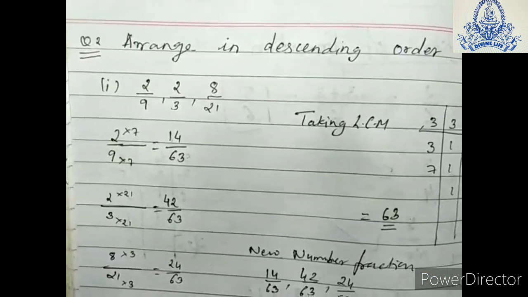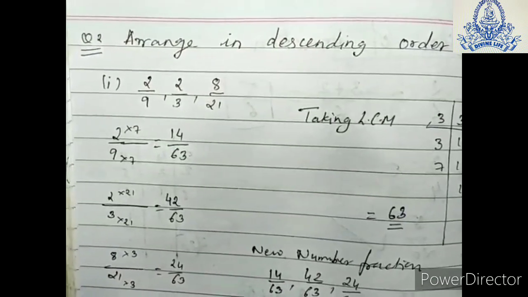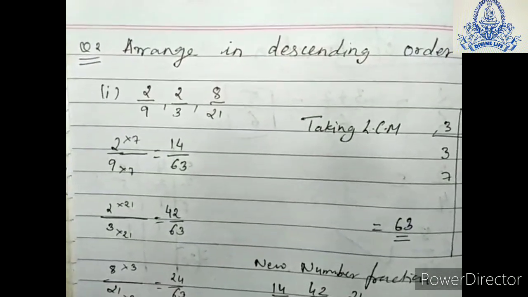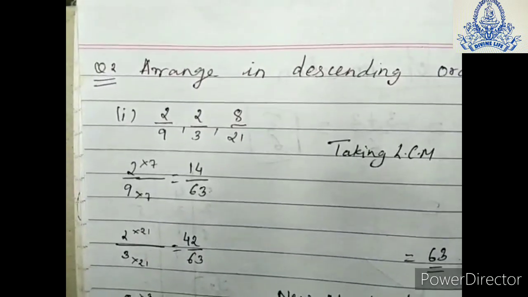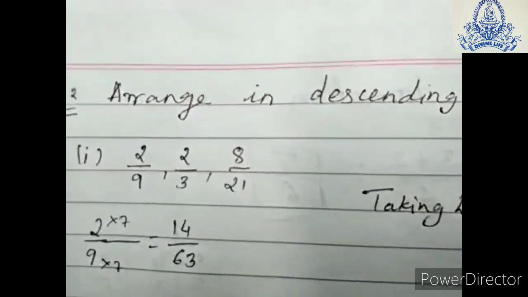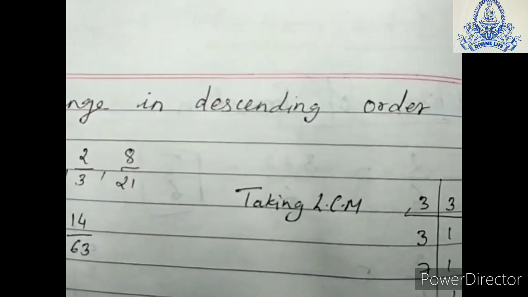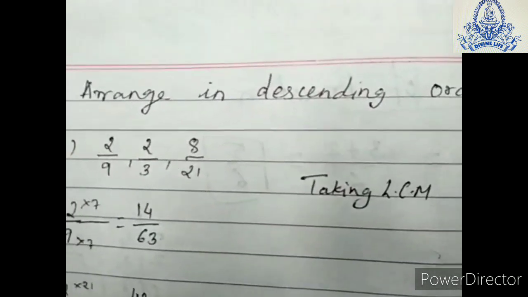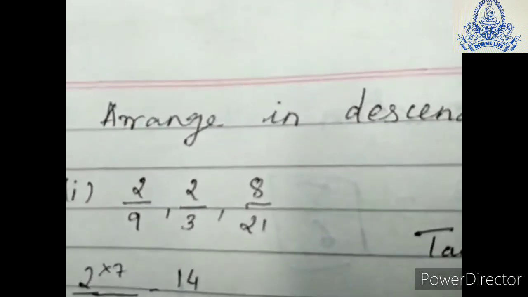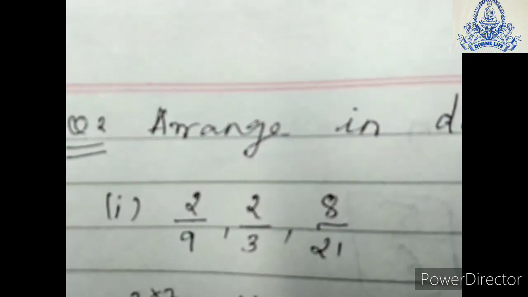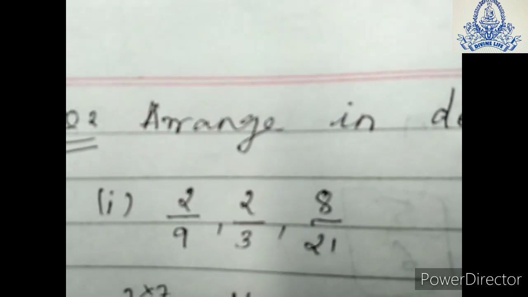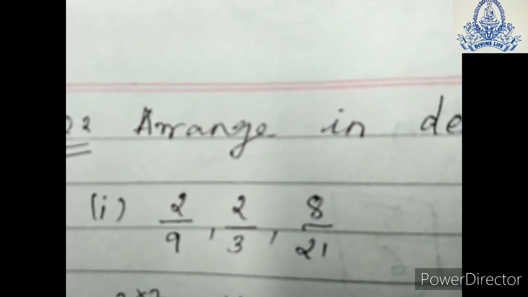Hello students, exercise 2.1, fraction and decimal. We will start question number 2 as we have completed question number 1 in the last lecture. Question number 2 is asking about arranging in descending order. A few fraction numbers are given: 2 upon 9, 2 upon 3 and 8 upon 21.